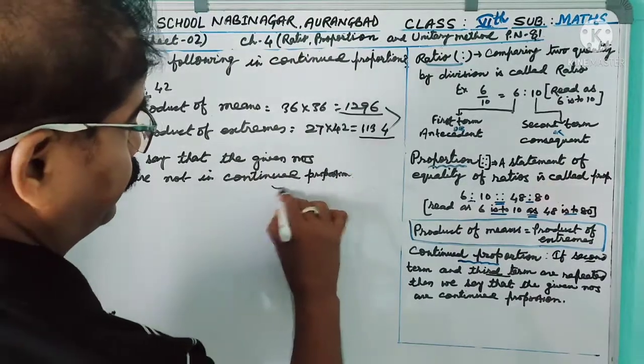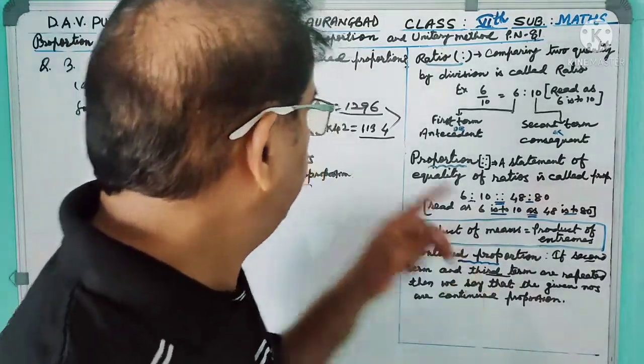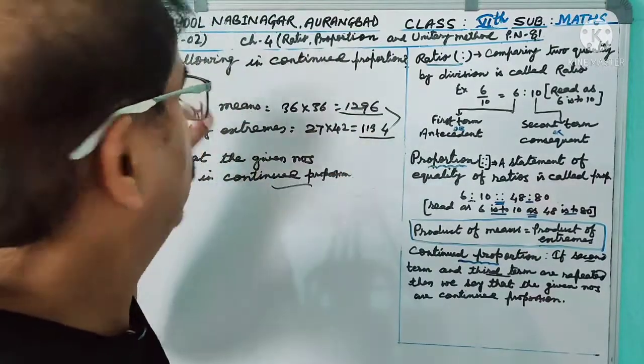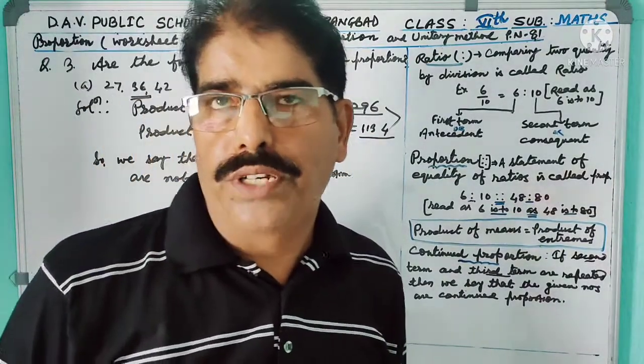If both are the same, then the given numbers are in continued proportion.